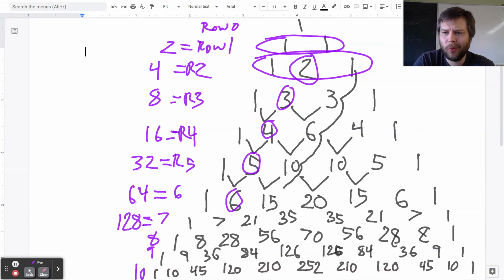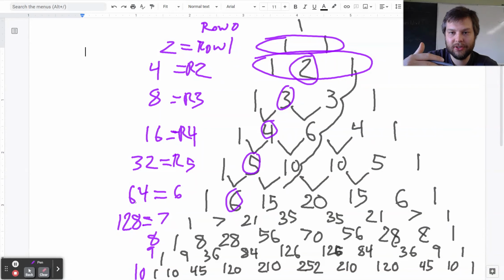And I want you to think about, why is that the case? That the way we built this simple triangle doubles in value each time you go down below. And the reason is you're using all of the previous values to create the next row.